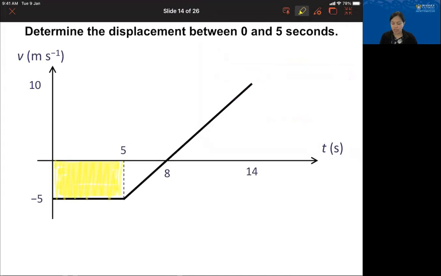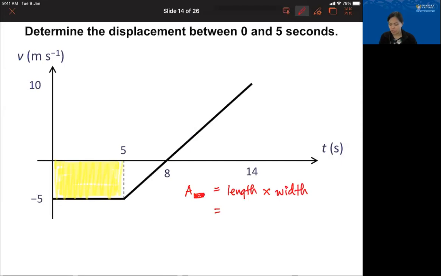Right. The shaded area is a rectangle, so it's a relatively simple geometrical shape. The area of a rectangle is equal to the length times the width of the rectangle.